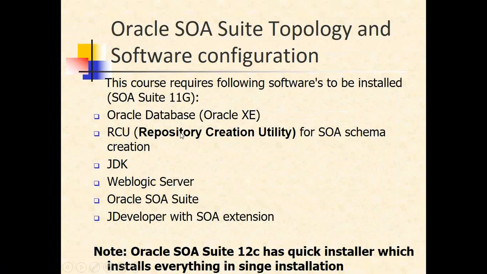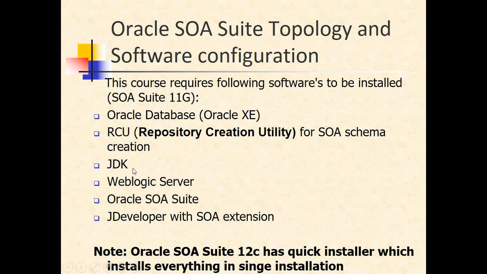This is the RCU, a bat file or script file which you need to run, and once you run this, you can connect to a database and it will install all the schema metadata required for SOA on that database. So we need to run it separately. After installing the database, we need to run this RCU utility for installing SOA schema on a database.